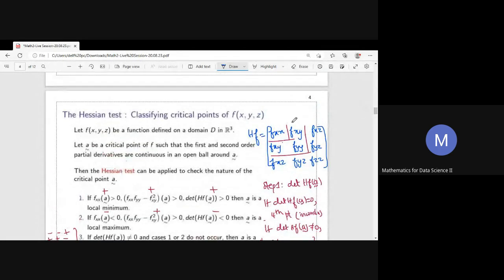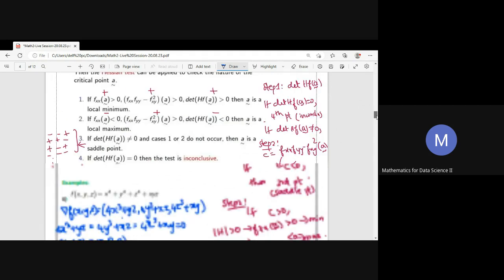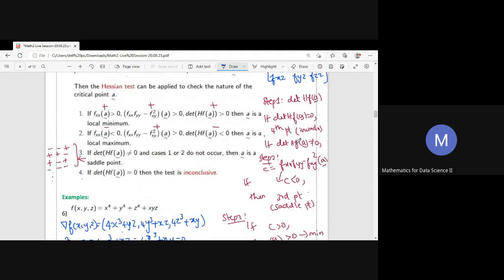I think they refer to it as the second order test for higher partial derivatives or something like that. You can refer to that if you want a better idea of this Hessian test. But from the exam point of view, whatever we have done in the class is sufficient for you.